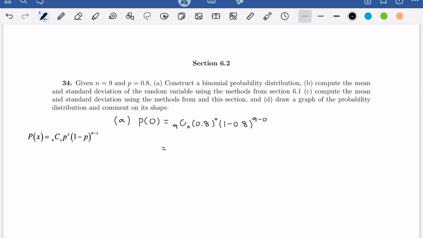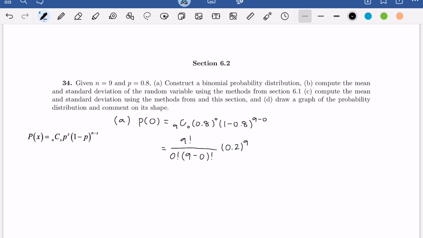This is given by 9 factorial on the top, then 0 factorial times 9 minus 0 factorial. Then anything raised to the 0 power is just going to give us 1, so we're just going to leave that as is. And then we have 1 minus 0.8 raised to the 9th power, so this is going to be 0.2 raised to the 9th power.